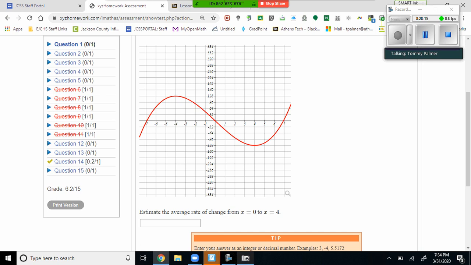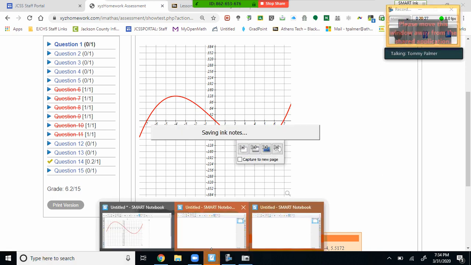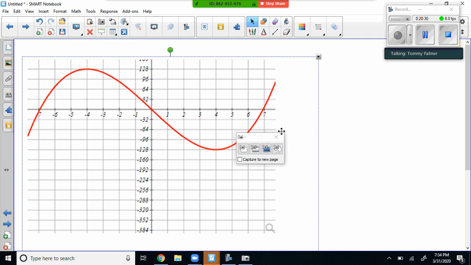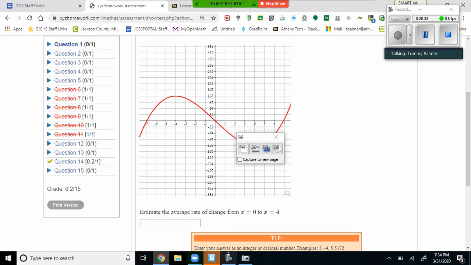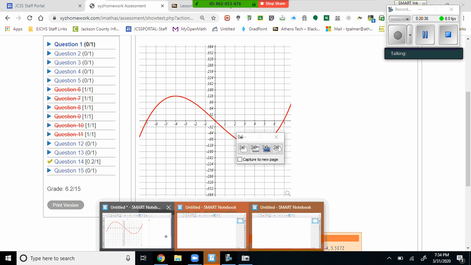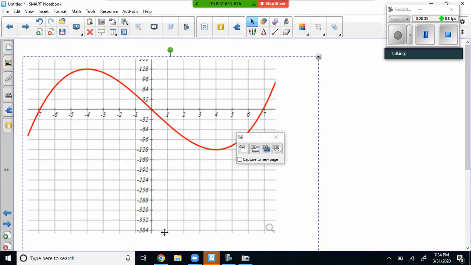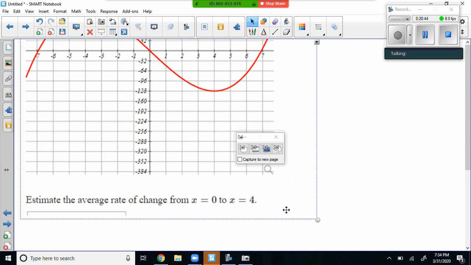But I'll show you on mine real quick, and then you'll be able to see it to do what you've got to do. It says find the absolute from, let's see, 0. Yeah. Okay. There it is.